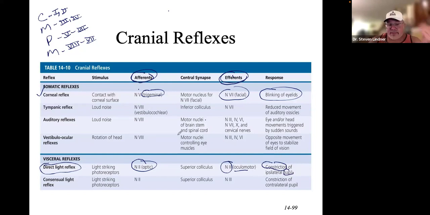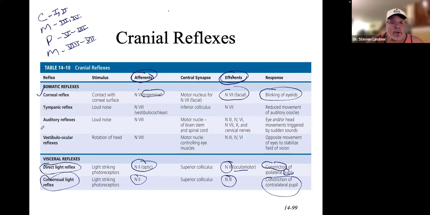Now, the consensual light reflex is if I shine light into the left eye, yes, the optic nerve is going to pick that up, but it's also going to cross information over to the other eye, still the oculomotor, and you'll get constriction of the opposite pupil, the contralateral pupil as well.